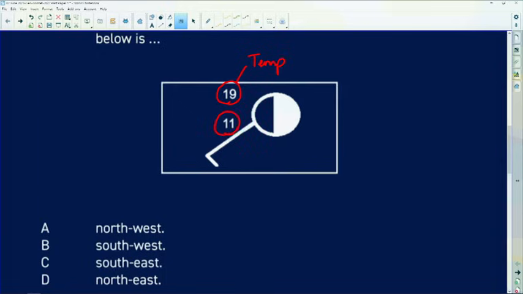The bottom number represents dew point temperature. The body of our weather station model represents the cloud cover. Right. Now, as you can see, the arm situated over there represents the wind direction. And the arm attached to it, the wind speed.